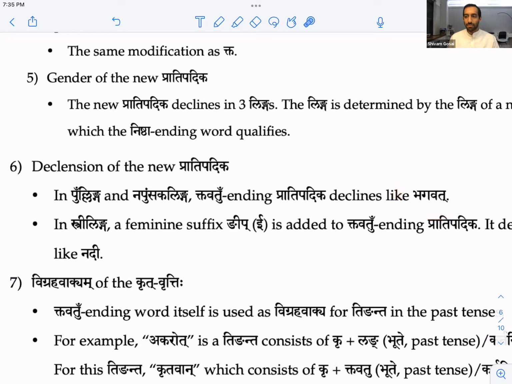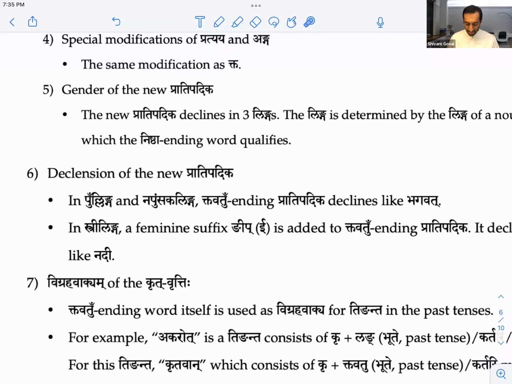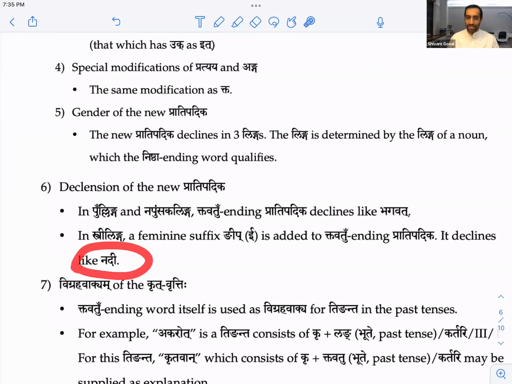We remember that from last time. Bhagavat is declined using a different suffix, so it is not actually a Kṛdanta ending word, but they decline in the same way. In Strilinga, it takes the feminine neep, which is just long ikara, added to the Ktavatu, and it declines like nadi.